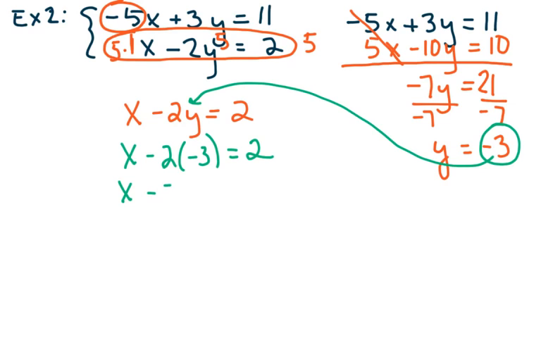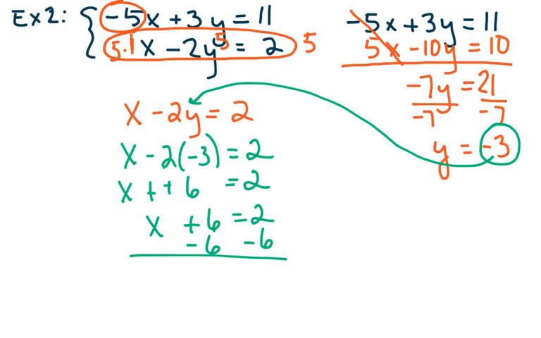X minus negative 6 equals 2. Remember that minus a negative becomes plus a positive. So that's x plus 6 equals 2. Subtract 6 from each side. So that leaves us with x equals negative 4.